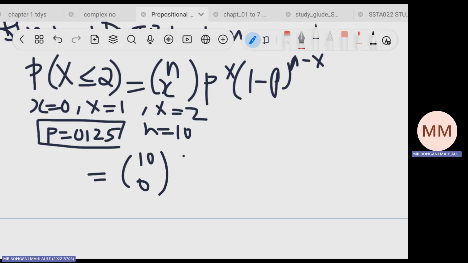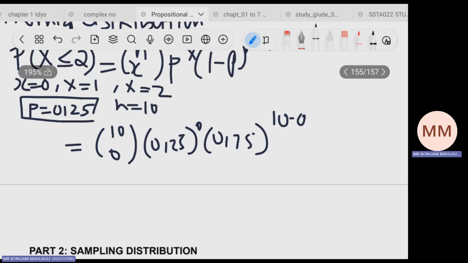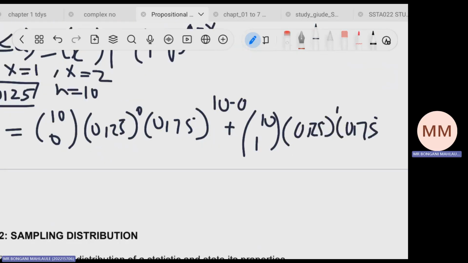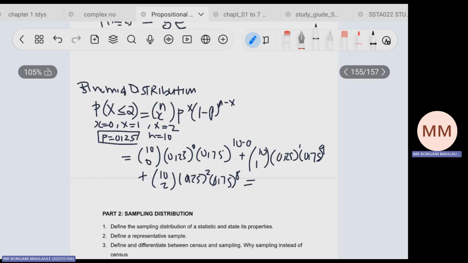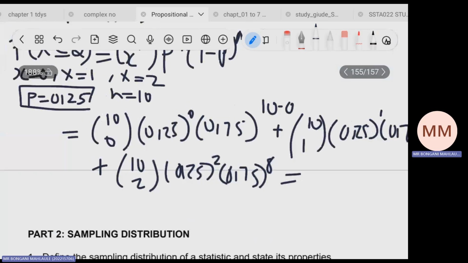You'll have 10 choose 0, 0.25 to the 0, 0.75 to the 10 minus 0. Then you also add the other ones. Yeah, so you'll just add and then you get the final answer. Remember, we're looking for less than 2, so you just check from x between 0 and 2.